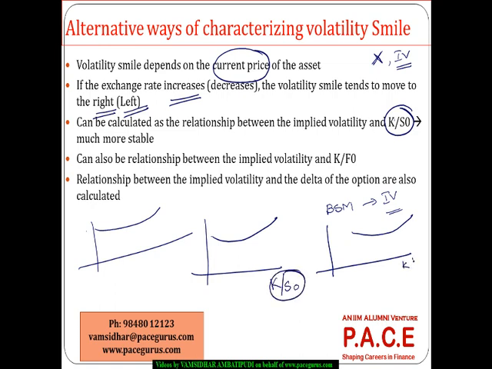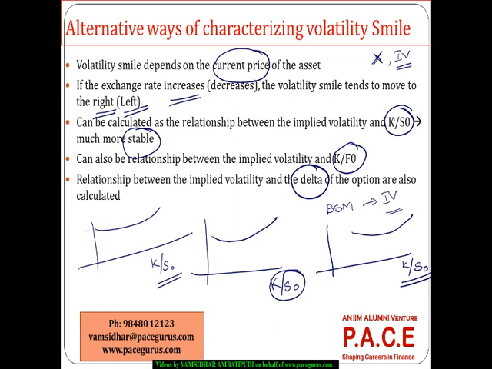Instead of taking a direct stock price or strike price, I can very well look at plotting the implied volatility against the ratio of the strike price to the stock price, which makes the graph more and more stable. And in some cases, instead of the spot price, people also look at the forward price. The ratio of strike price to forward price also can be used for plotting. And in some cases, people also plot this relationship with respect to the delta of the option.